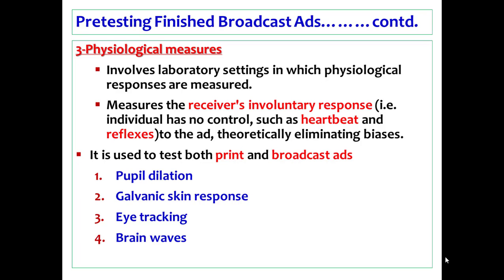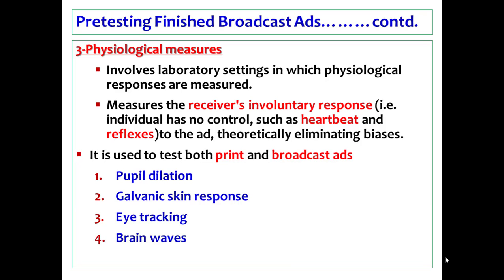This method is something special that even the customers couldn't bias the output of their responses, because they use some developed technologies which measure involuntary responses of the customers. Involuntary responses are like the heartbeats and the reflexes. The reflexes of the customers can be measured, and at the same time the heartbeat of the customer could not be controlled, because the customer couldn't control his heartbeat.